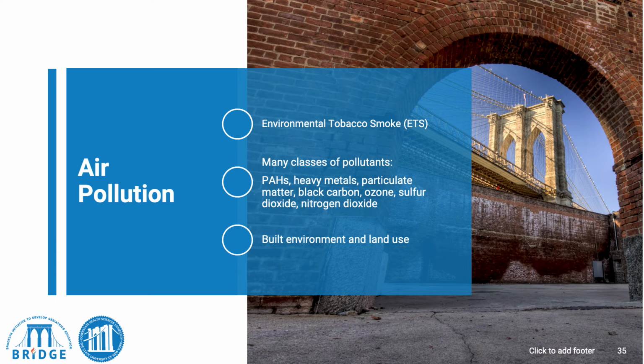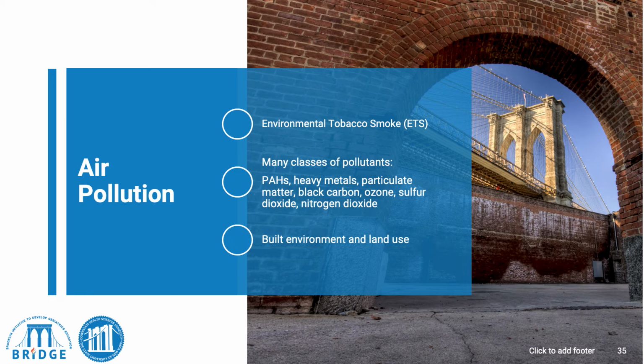ETS, or environmental tobacco smoke, I mentioned earlier, inhaling environmental exposures, and so cigarettes are one way, of course, but there's other ways of smoking tobacco. There's other methods besides cigarettes. And there's a number of pollutants that fall into the air pollution category.